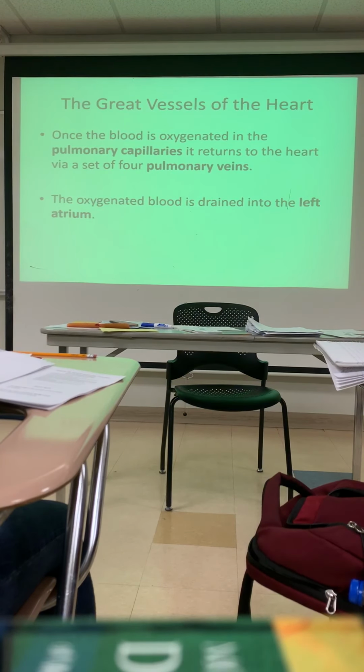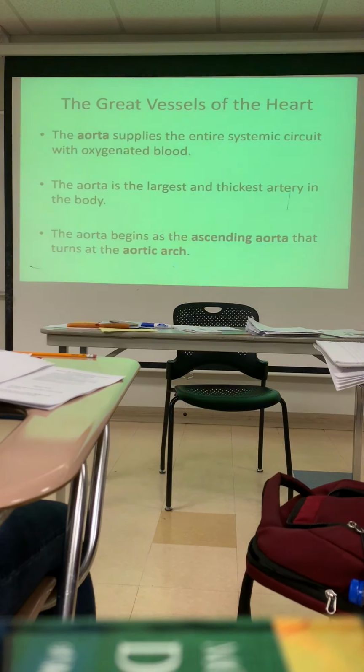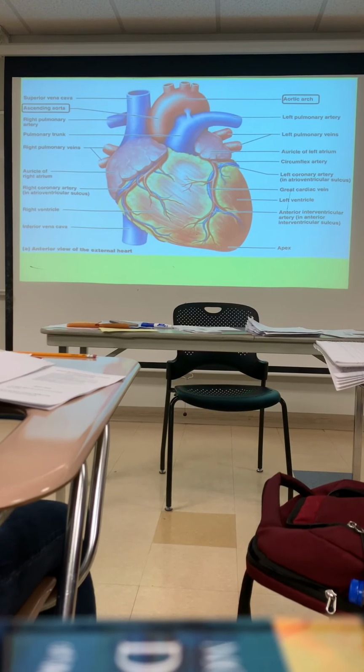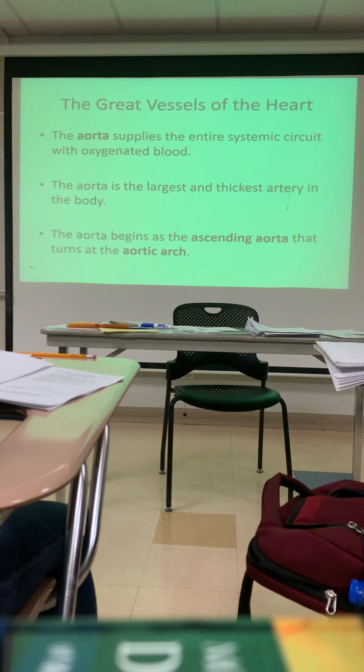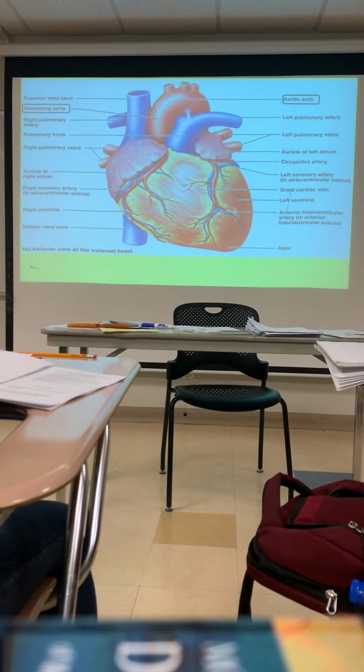Okay? So then you have all of these, and aorta supplies the blood. And then the aorta, if you look here, it starts with ascending, and then aortic arch, and descending. So this is the aorta. So descending is pointing to the thoracic cavity, and then it goes beyond the diaphragm.